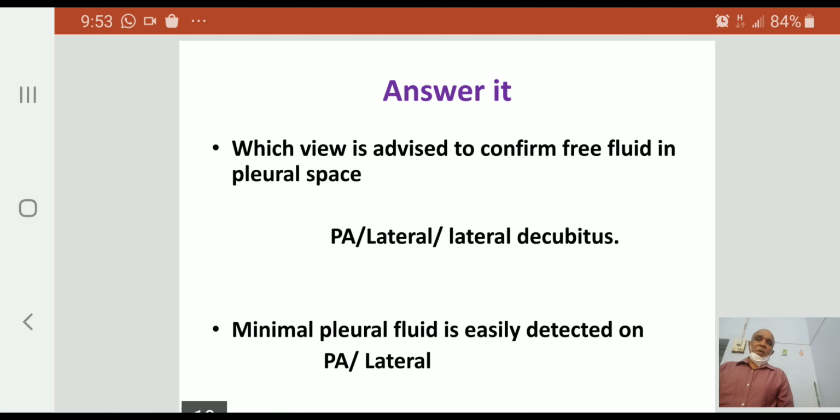So minimal fluid in the space is easily detected by the lateral view.